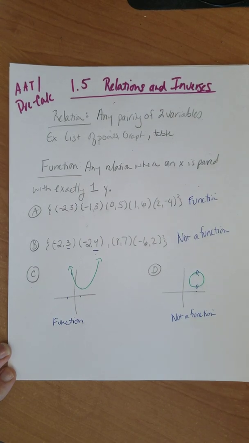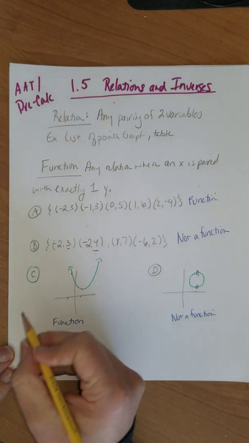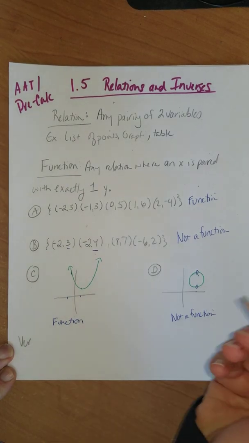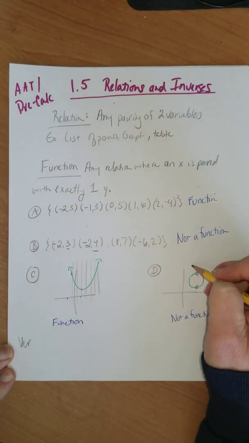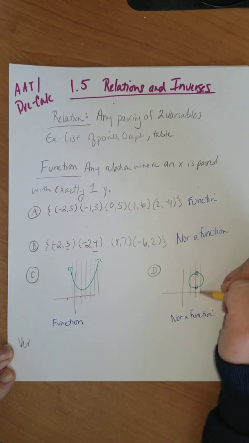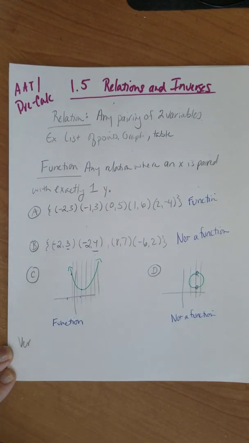Graphically, we can see if it's a function or not by looking at the vertical line test. If a vertical line passes through just one part of that graph, it is a function. If it passes through two, it's not a function, and it only has to happen once.